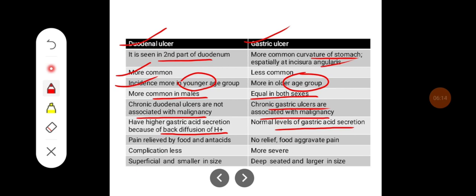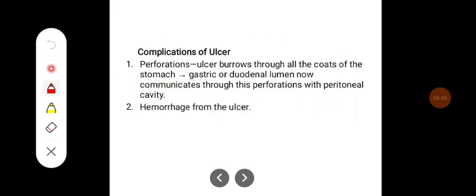Duodenal ulcers are relieved by food and antacids, whereas food doesn't give relief, rather food aggravates the pain in case of gastric ulcer. Complications are less with duodenal ulcers, and severe with gastric ulcers. Duodenal ulcers are superficial and small in size, whereas gastric ulcers are deep-seated and larger in size.